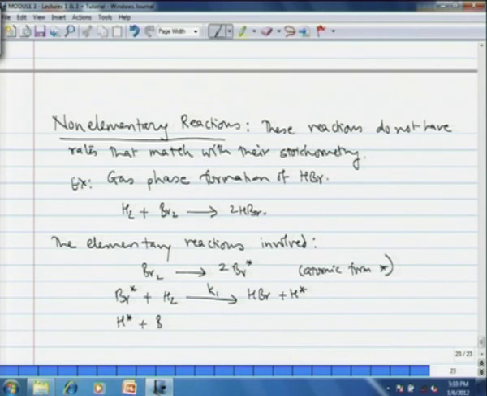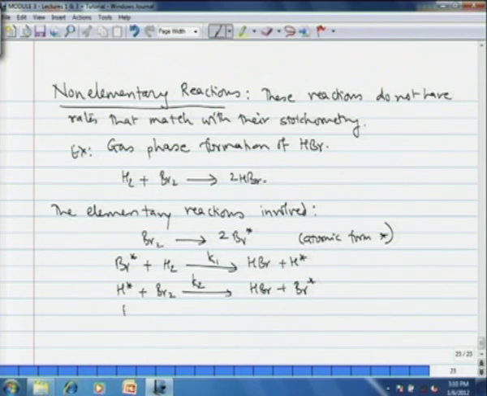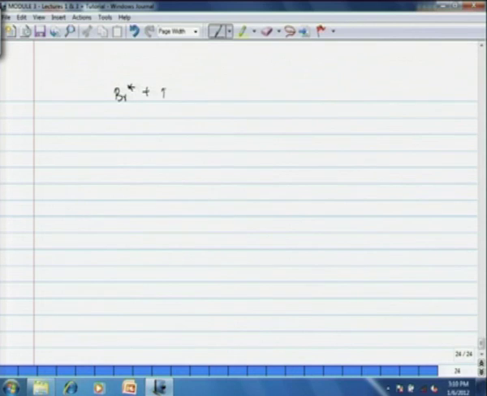This H star plus bromine further gives again HBr plus Br star. H star plus HBr gives H2 plus Br star. Then 2 atoms of bromine can combine to give a bromine molecule, and 2 atoms of hydrogen can combine to give a molecule of hydrogen.